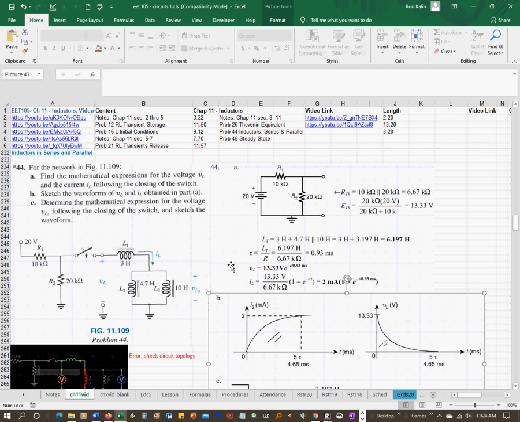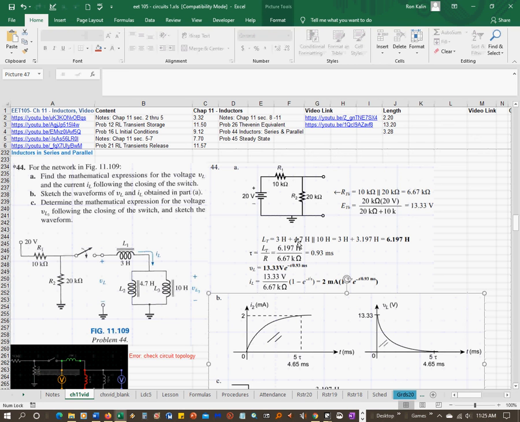So how do you do that? Well, same as resistors, you can find the equivalent inductance of all three of these together, which is going to be these two in parallel, the 4.7 and 10 in parallel, and you add the 3 to it.